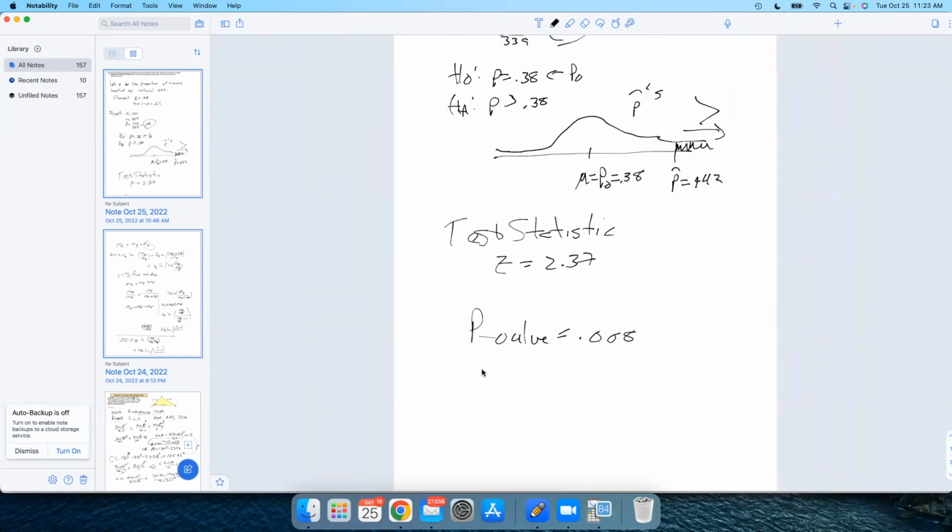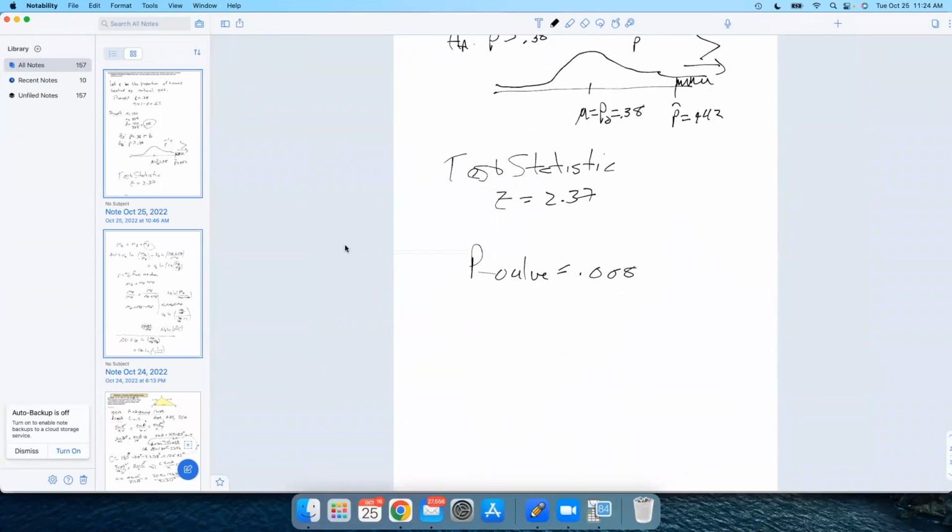Okay, now that we got the p-value, we compare it with alpha. If the p-value is less than alpha, reject the null and accept the alternative.